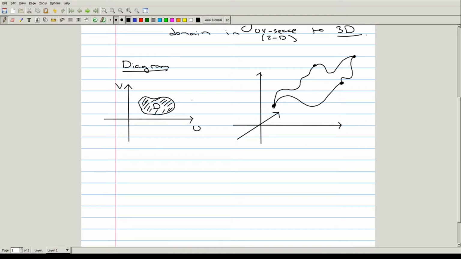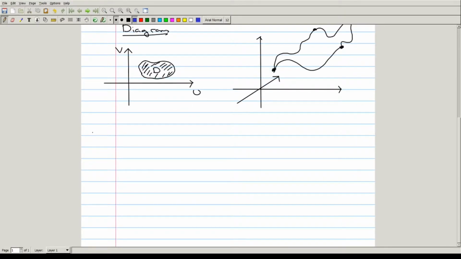So for instance, you could think of fixing some points in UV space. And the question is, why is this giving us a surface? Let's just think of fixing several points in UV space. We'll fix U1, U2, and U3.